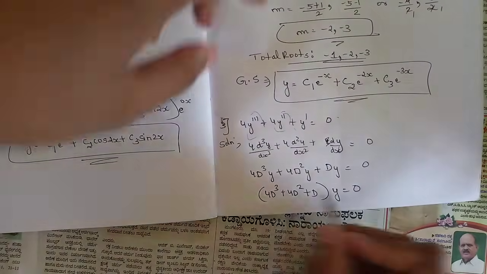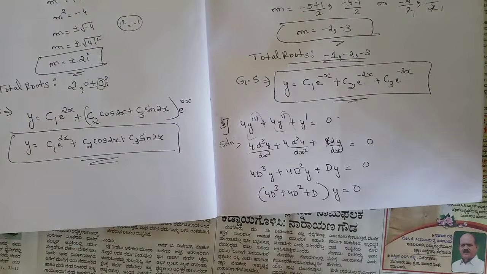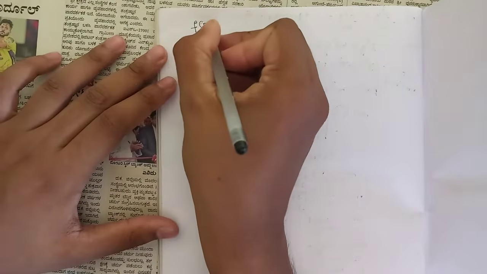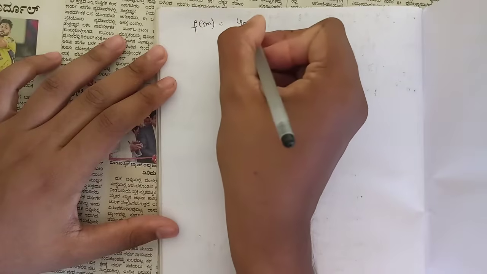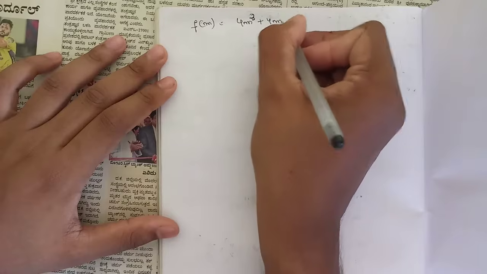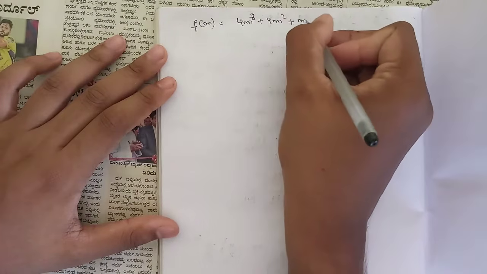Now let's replace all the D terms by m terms, that is, replace f of D by f of m. So f of m is equal to 4m cube plus 4m square plus m equal to 0.